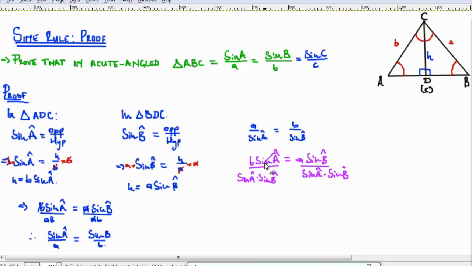Then this cancels out that: the A part cancels, and sine B cancels, and only b over sine of B is equal to a over sine of A.